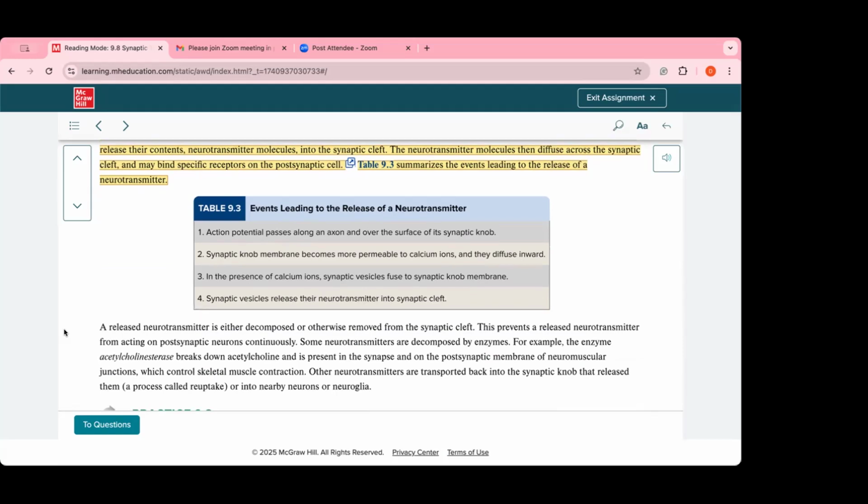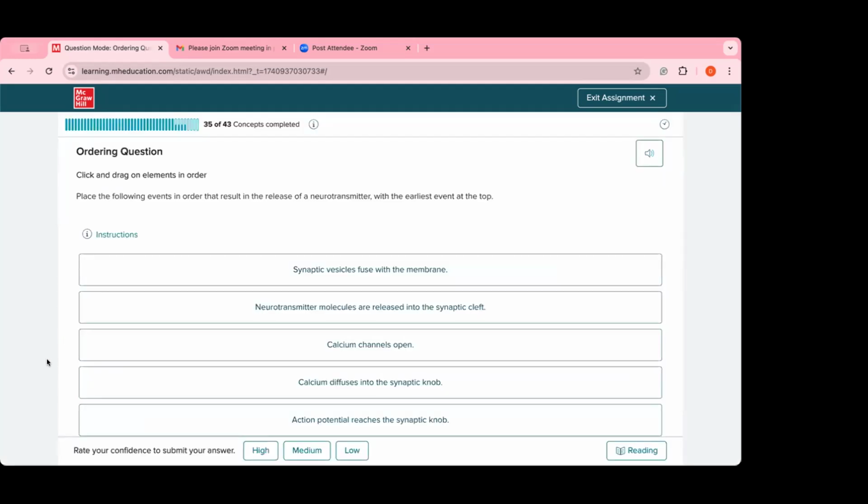The synaptic vesicles fuse to the synaptic knob, and then they release the neurotransmitter. So let's go to the question. The first thing would be the action potential reaches the synaptic knob. That's first.